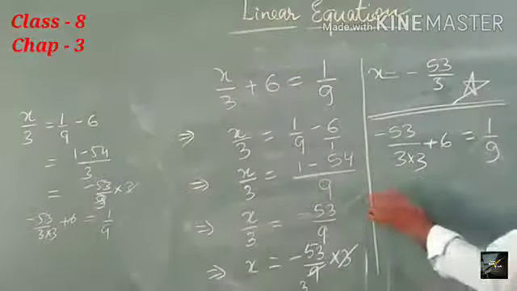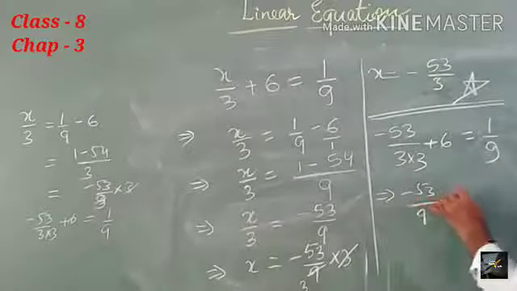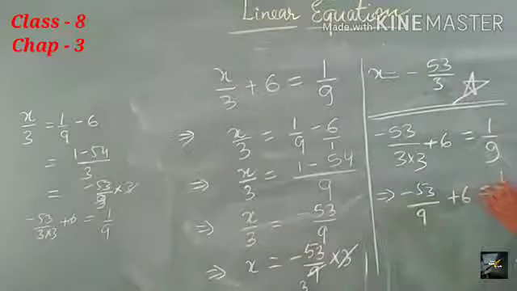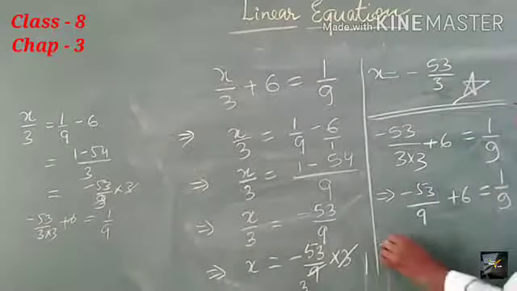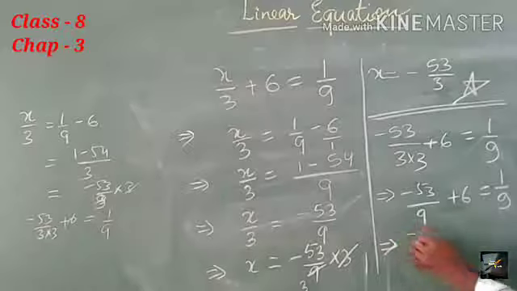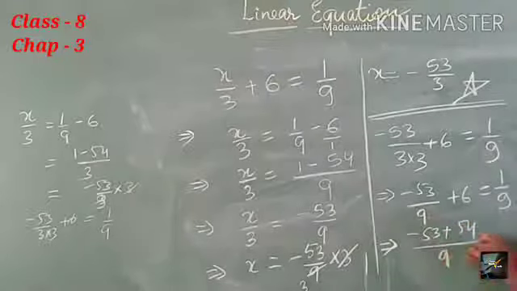So we get minus 53 upon 9 plus 6 is equal to 1 upon 9. This implies minus 53 plus 6 nines are 54 upon 9 is equal to 1 upon 9.